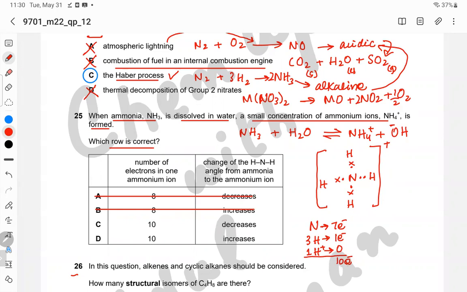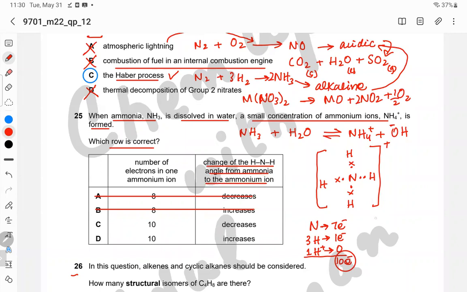So in total, we have 10 electrons. So that's why I marked A and B wrong. Now, in the next part, they are asking about the change of H–N–H angle from ammonia to ammonium. Yes, Hamna, very good. Your answer is correct.